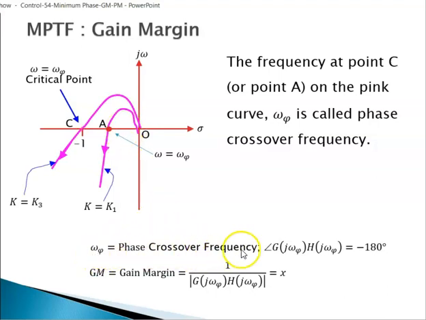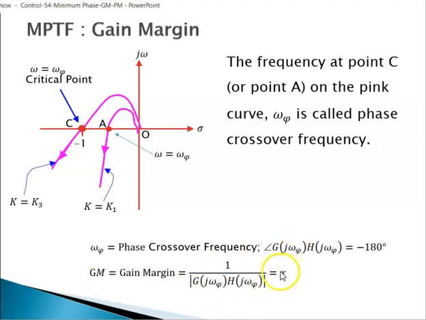So phase crossover frequency can be obtained by equating G of j omega, H of j omega to minus 180 degrees and solving it. That will give you omega phi. And gain margin is given by 1 over this. So you find what omega phi is, substitute here, and you get gain margin.